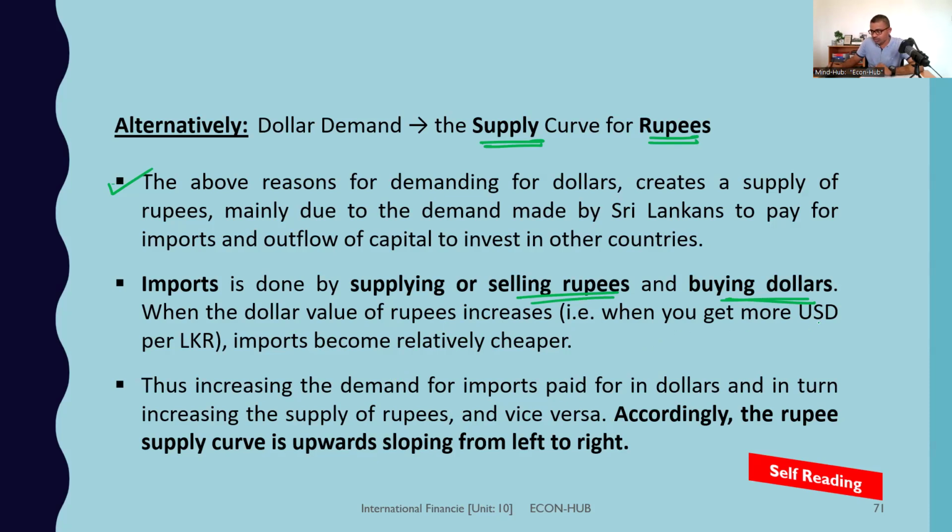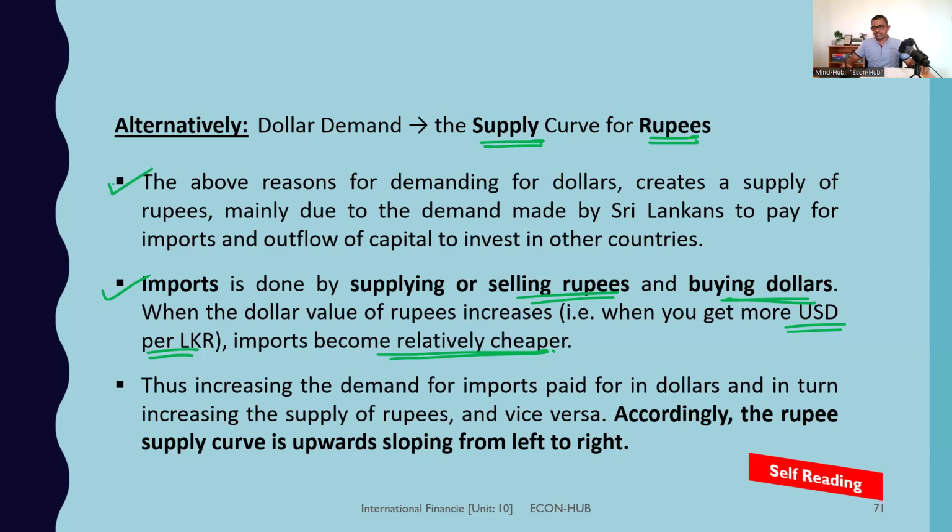When you get more USD per LKR, you get more dollars for the rupees you pay, import becomes relatively cheaper. Yes or no? Now you can buy a dollar cheap. That means you can import at a lesser cost. Import cost reduces. Relatively cheaper. What would happen when anything becomes cheaper? Do we buy more or do we buy less? Again, law of demand. We buy more.